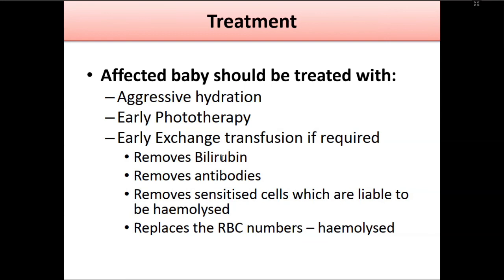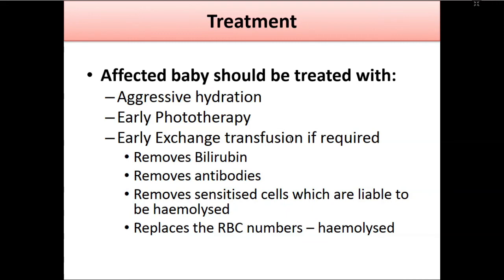Early exchange transfusion is basically transfusing Rh negative blood in place of Rh positive blood. The Rh positive blood of the baby's whole is extracted, and Rh negative blood is injected to that baby.